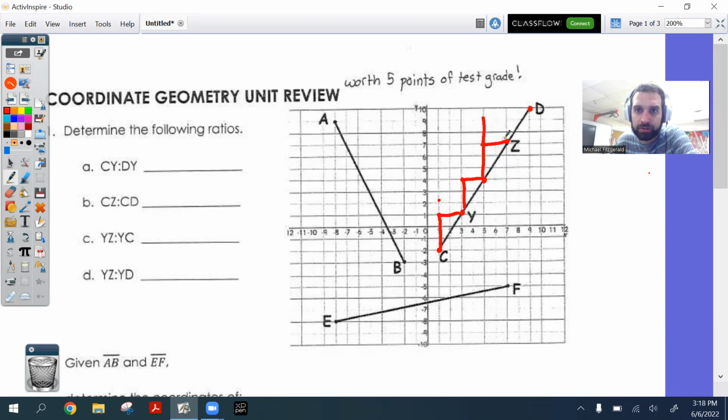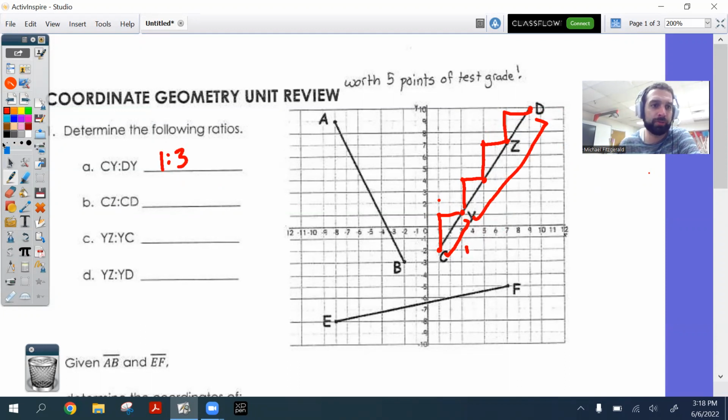Whoops, I went a little bit off there, made a little mistake. Well, just by this, we can see that if we call CY a distance of 1, DY would be 3 times that distance, right? So the ratio would be 1 to 3.